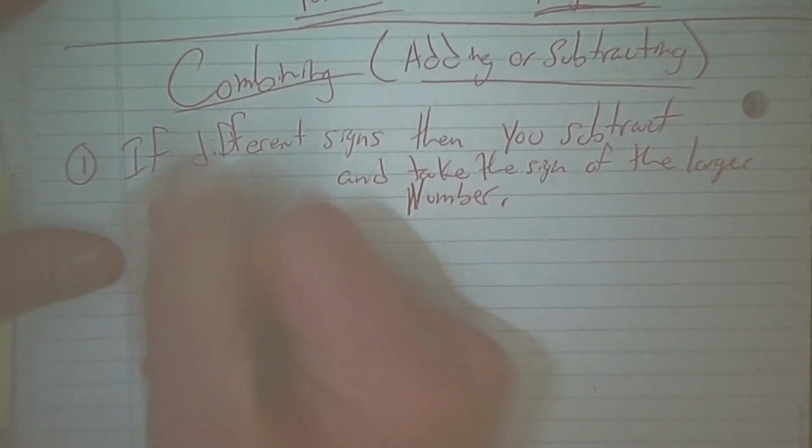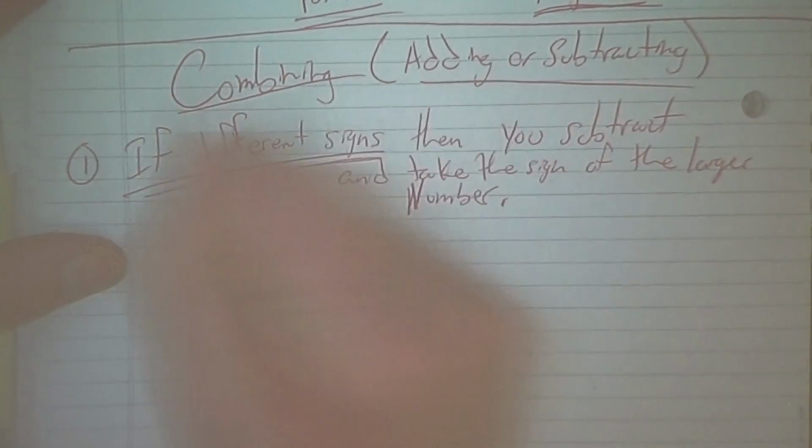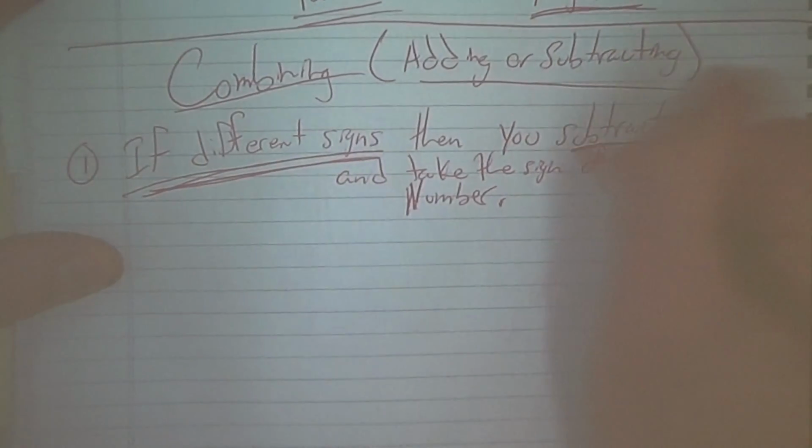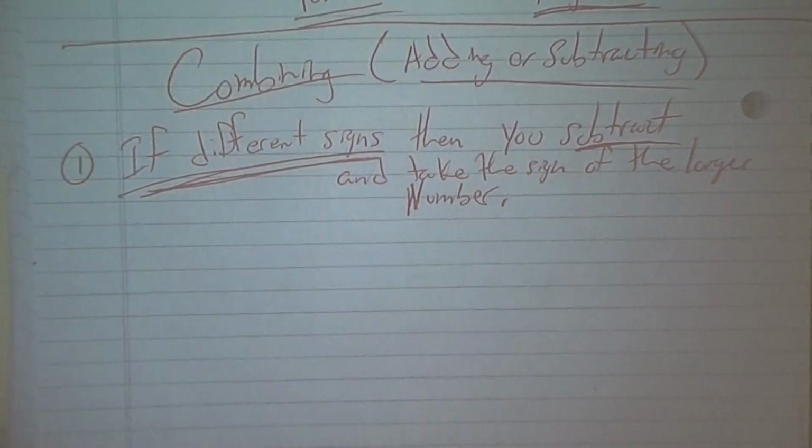So, if you have different signs, you subtract and take the sign of the larger number.